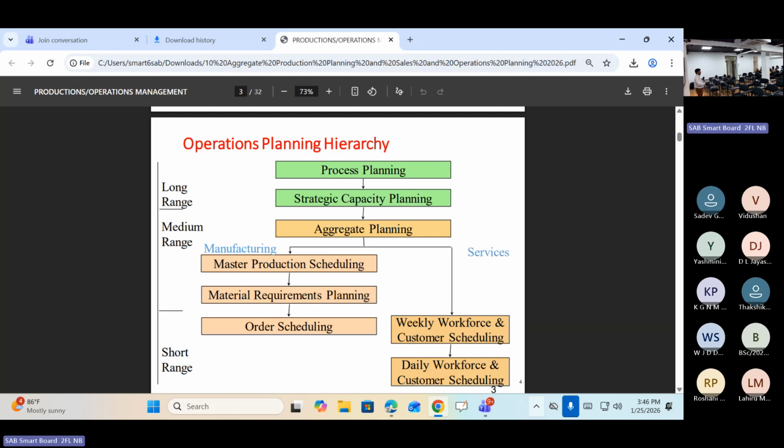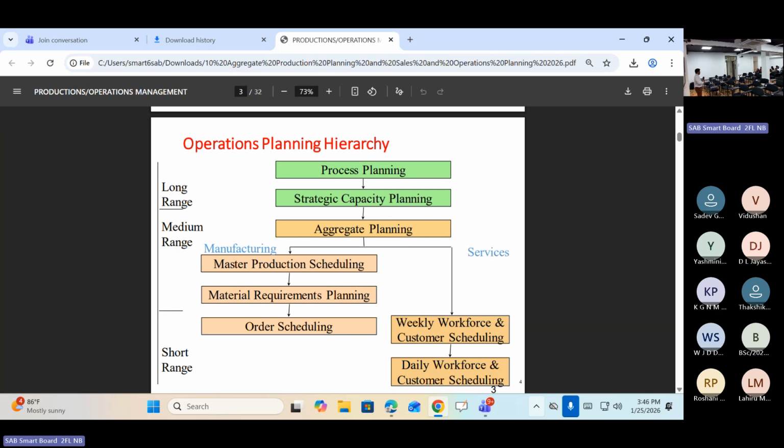The next level of production planning, based on the aggregate production plan and master production schedule, is another planning step we call materials requirements planning, MRP. All are medium-term planning steps. That leads to short-term planning, like monthly and weekly production targets set for each product item.